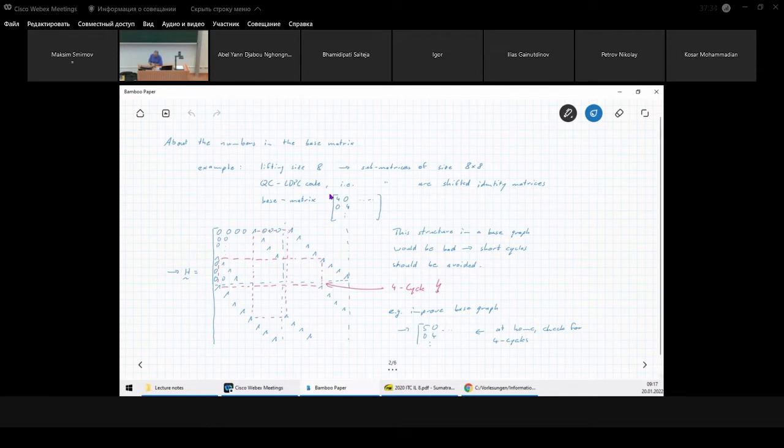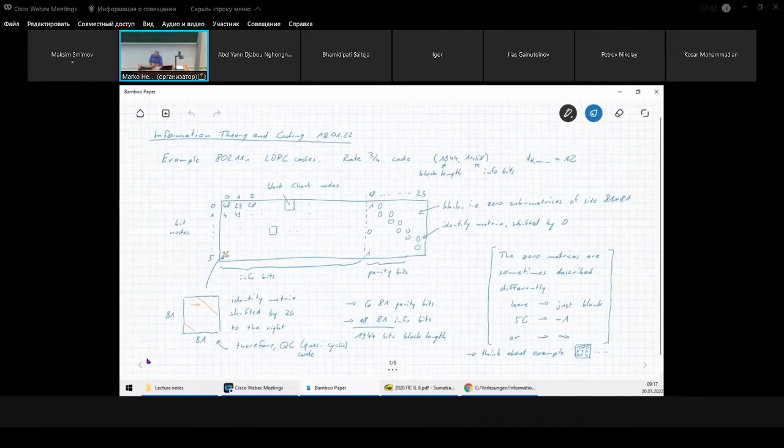So then we had an example where I've shown you that, of course, it makes sense to think about how these numbers here could be chosen in a good way, or what would be a bad way to choose these numbers.